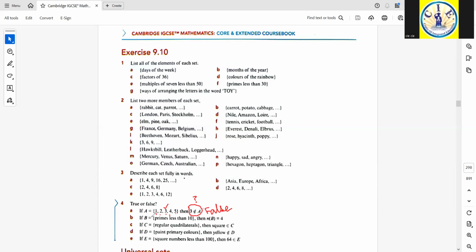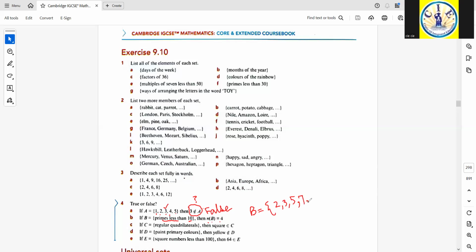Okay, then part B. B equals primes which are less than 10. And then we need to answer n of B equals 4, meaning the number of elements in this set B is equal to 4. Let me explain it. Primes less than 10 are actually 2, 3, 5, 7.